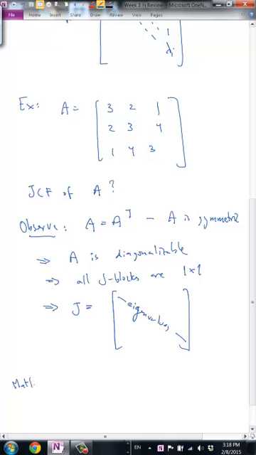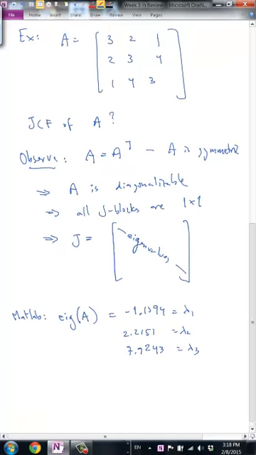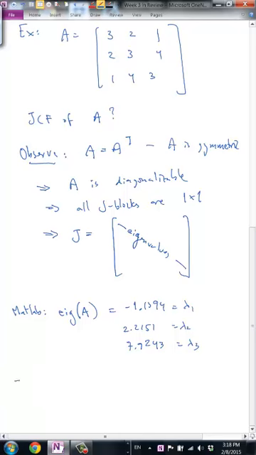If you go to MATLAB and you press eig of A, you'll find that the eigenvalues are minus 1.1394, let's call this lambda 1, 2.2151, let's call that lambda 2, and 7.9243, let's call that lambda 3, and that means that its Jordan canonical form is equal to the diagonal matrix of lambda 1, lambda 2, lambda 3.